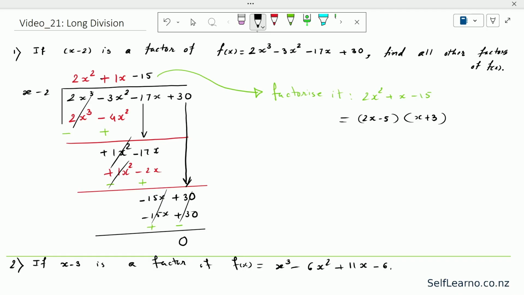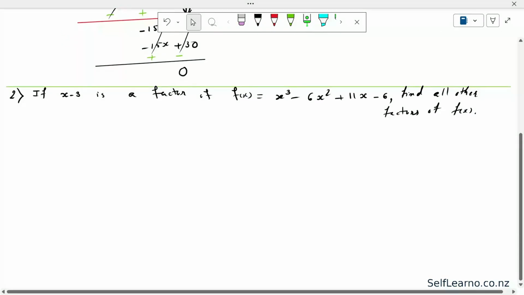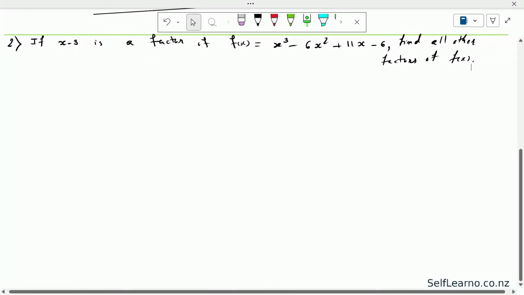Let me check the statement. So x minus 3 is a factor of x cubed minus 6x square plus 11x minus 6. Then find all other factors of f of x. The complex algebra equation is of the same type. So try to understand this and that will be fine.